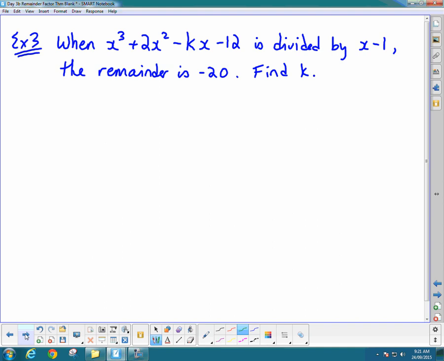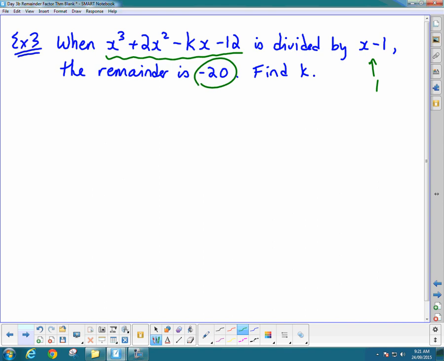Okay. Now that you've had a chance to try it, it says I've got some polynomial and it's divided by x minus 1. That means if I put in the root, which in this case is an easy root, it's just 1. So if I put 1 into this polynomial, the answer is going to be negative 20.